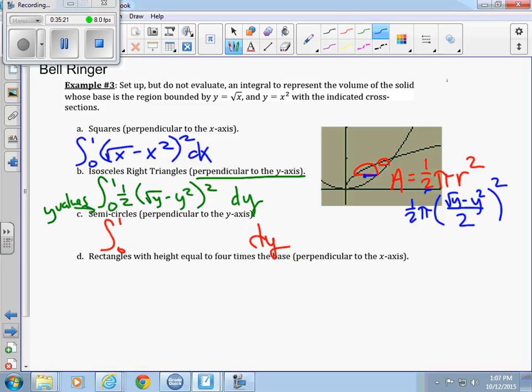Everyone agree with that? And you can put the 1/2 pi out here, or you can put it in there. It's constant. It doesn't matter either way. Y, the square root of y minus y squared, over 2 squared. Did that make sense?